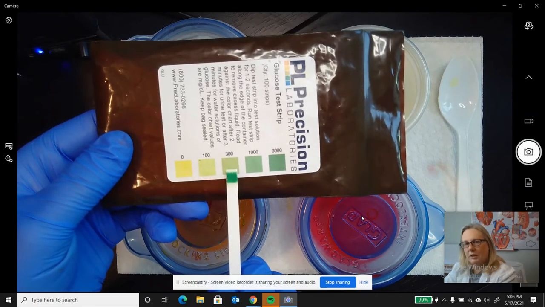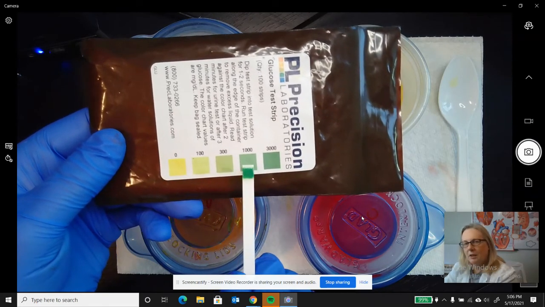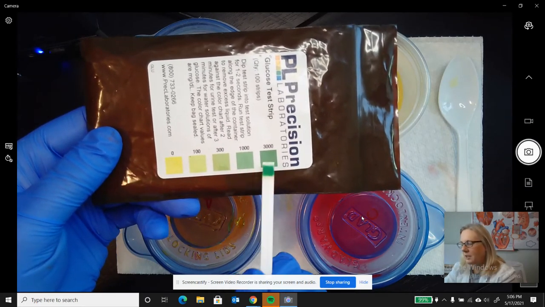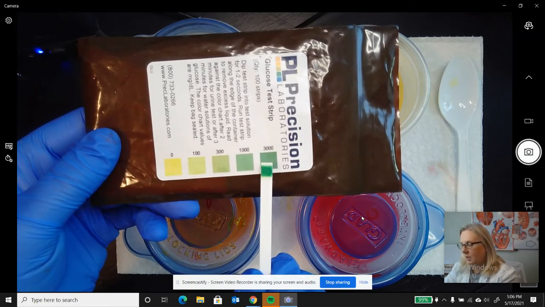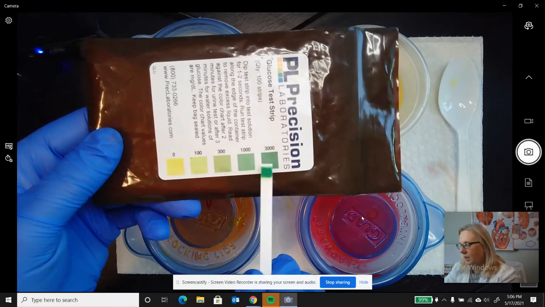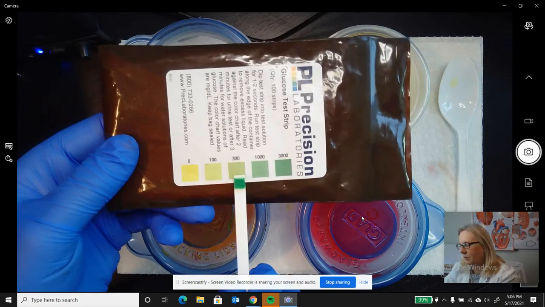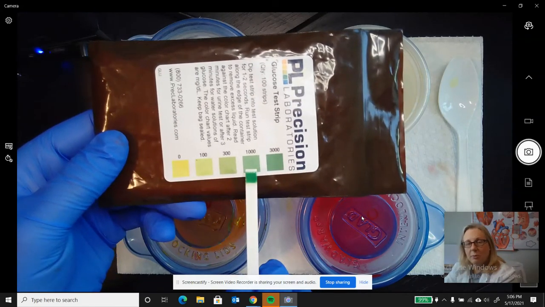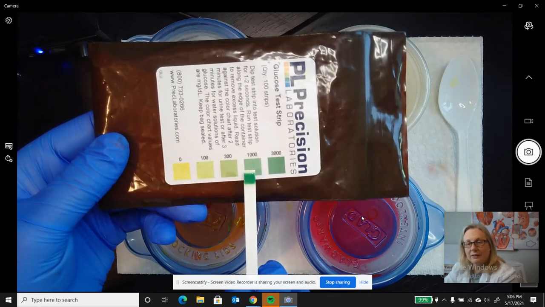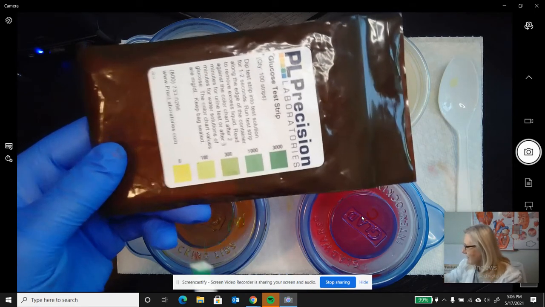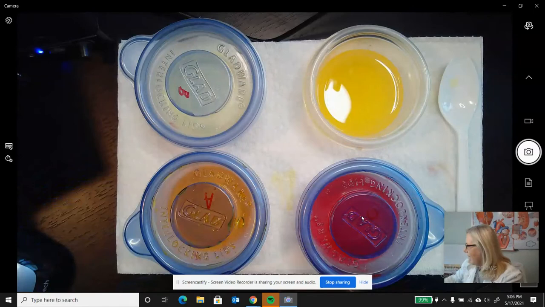Is it 3.0? Is it 10.0? Or is it 30 plus? You be the judge. What is the glucose level? And again, this should be a nice big indication.